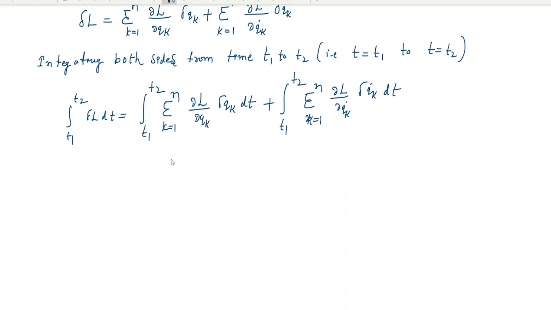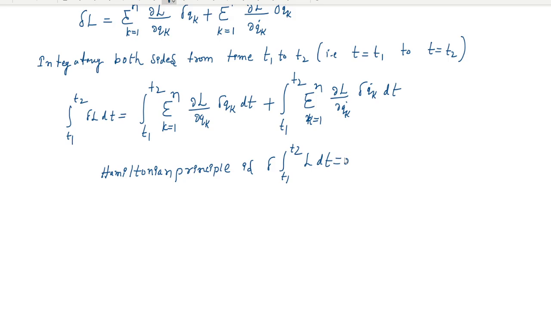That's it. Now we know the Hamiltonian principle: delta integral t1 to t2 L dt equal to 0.